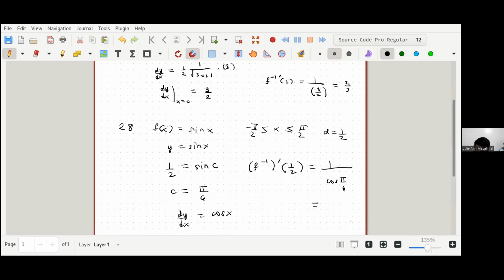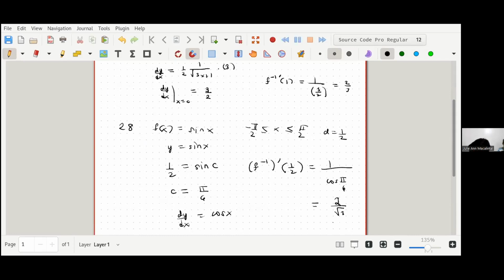So that's 1 over square root of 3 over 2, or 2 square root of 3 over 3, or 2 over square root of 3.